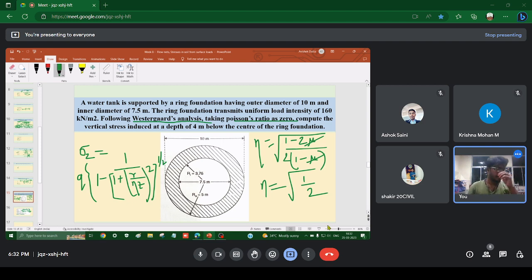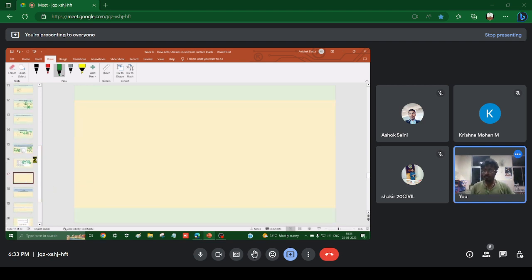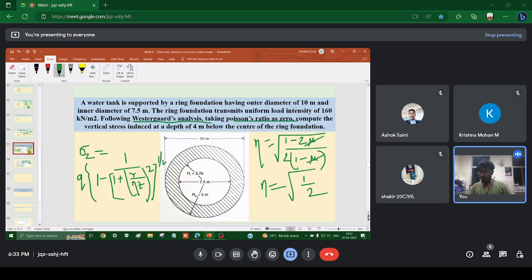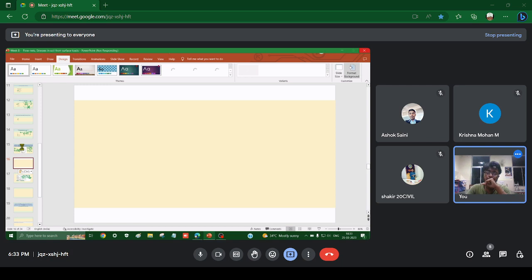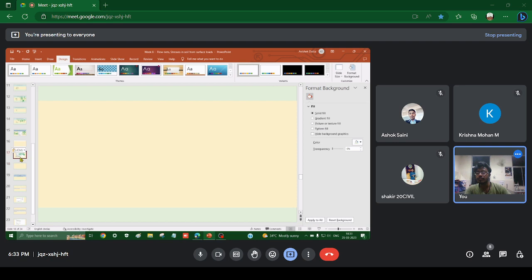First find out eta. Could you find out eta?